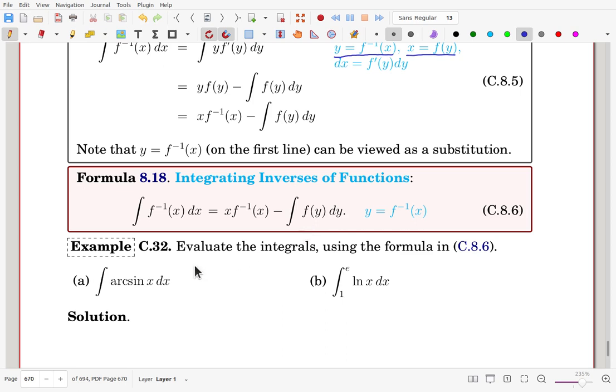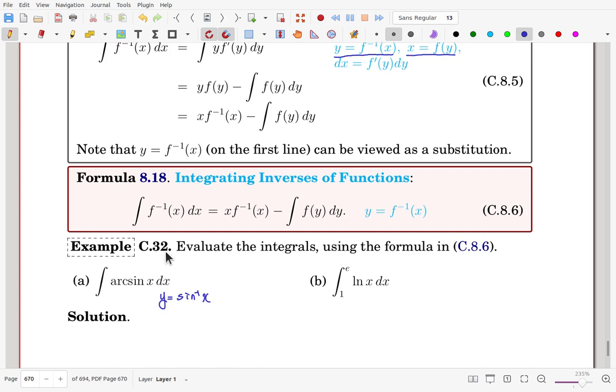Okay, let's try to evaluate this integral. Now here, we introduce y equals arc sine of x, right? Okay, and so x is the same as sine of y.